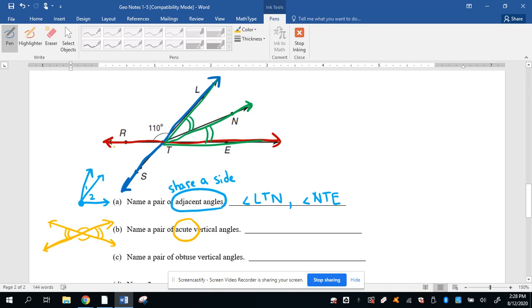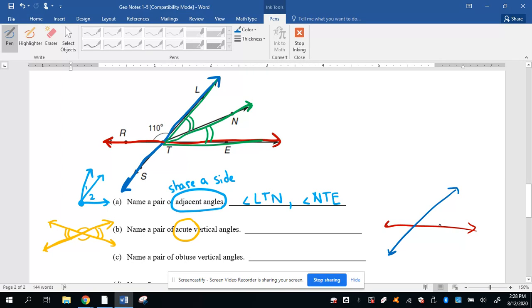So if you look at our picture of the red line and blue line, let me just show it off to the side. We have our red line and our blue line form a pair of acute vertical angles, and they form a pair of obtuse vertical angles.